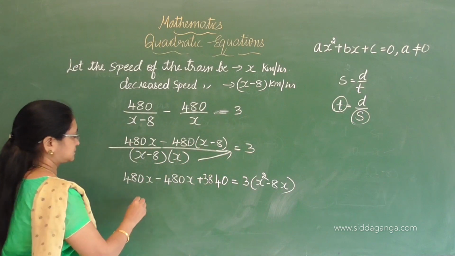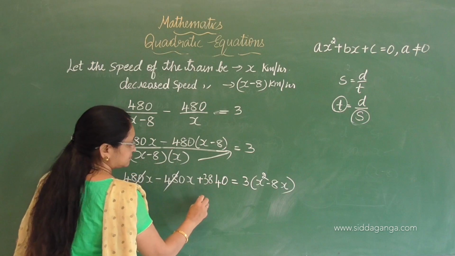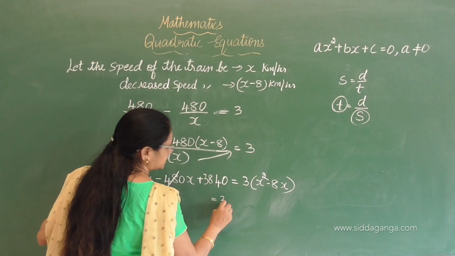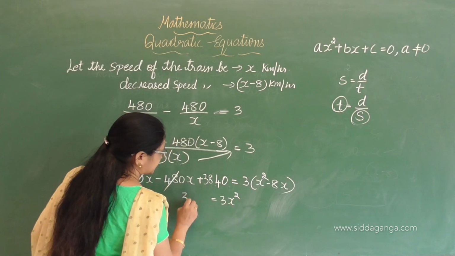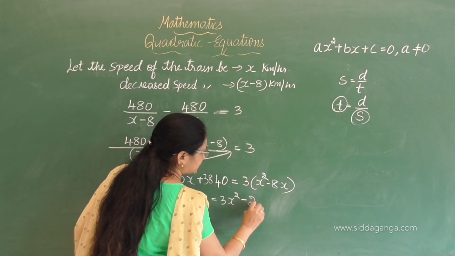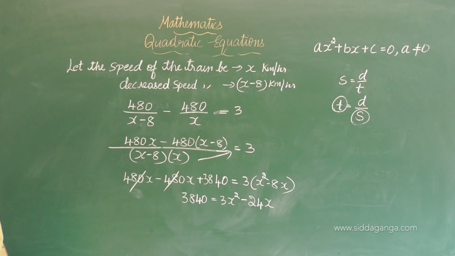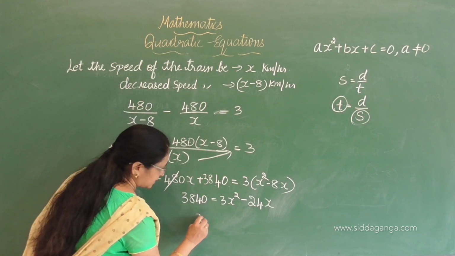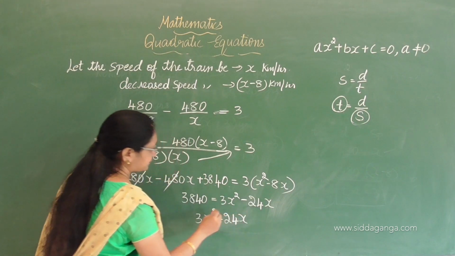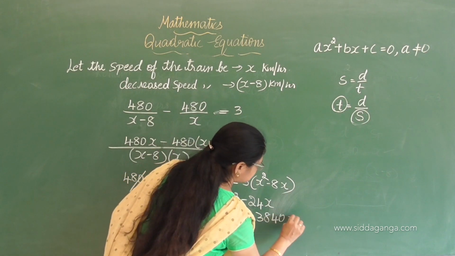Now this gets cancelled, so what remains here is 3840, equal to 3x square minus 8 3s are 24x. Now to bring it in standard form, you can write 3x square minus 24x minus 3840 is equal to 0.